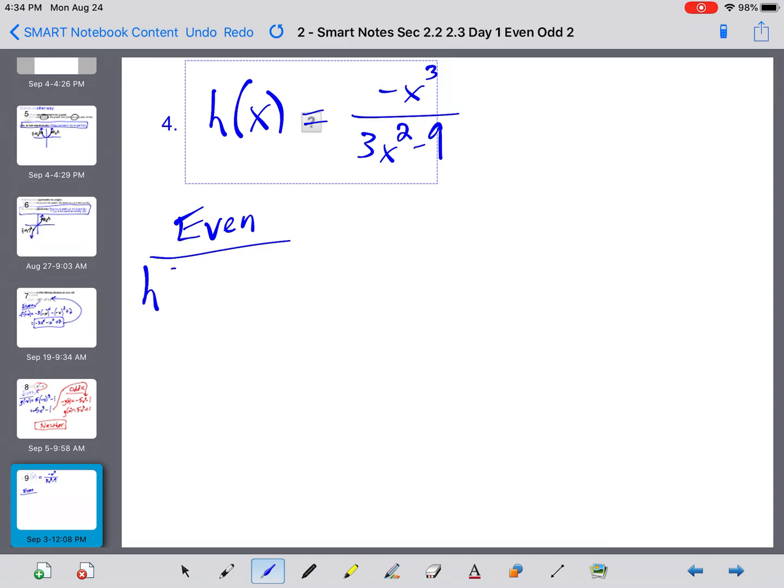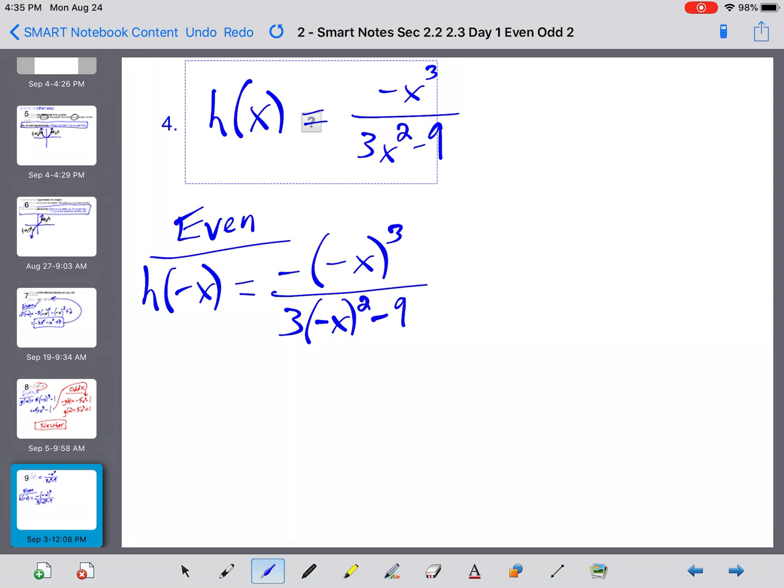All right, so even, I'm plugging in a -x. I'm going to get negative x cubed over 3 -x squared minus 9. All right, up top, I get a negative out front. -x to the third power is going to change to a negative.